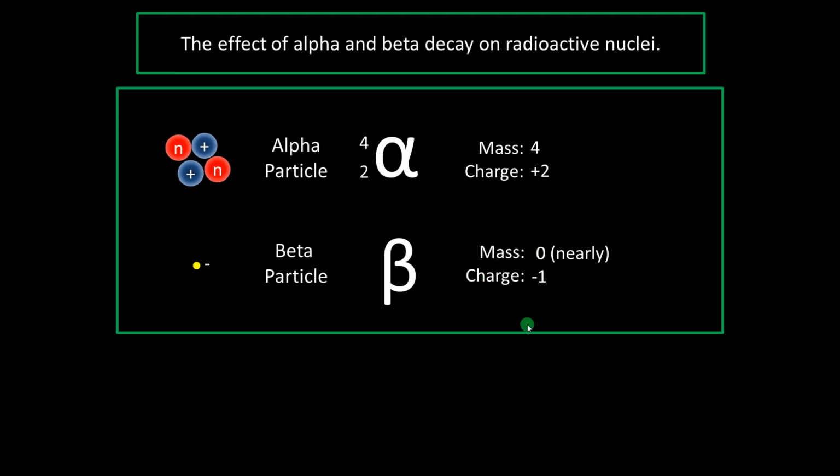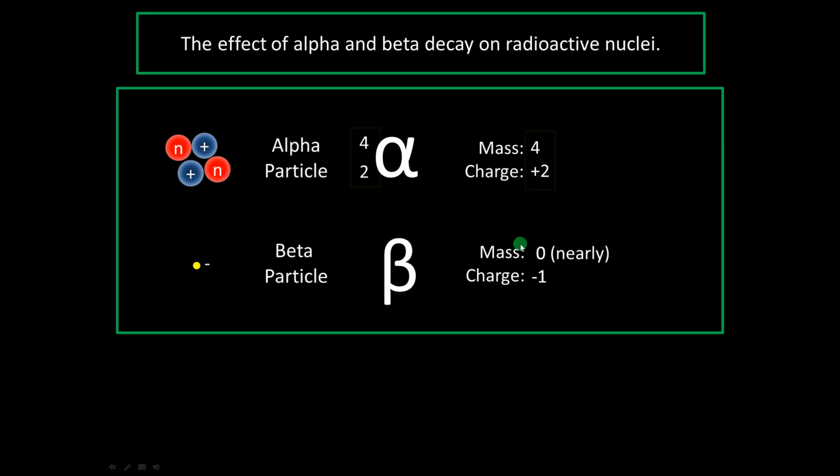Now, there's a little bit of a stretch here in terms of how this works with the notation, because what I said to you before was that the top number here is the mass number, so total numbers of protons and neutrons, and the bottom number here is the proton or atomic number, so total number of protons. But in fact, when we're talking about radioactive decay, we use them in a slightly different way in this idea of mass and charge.